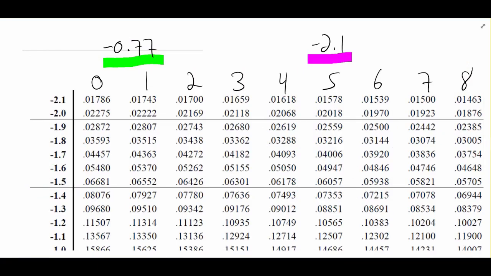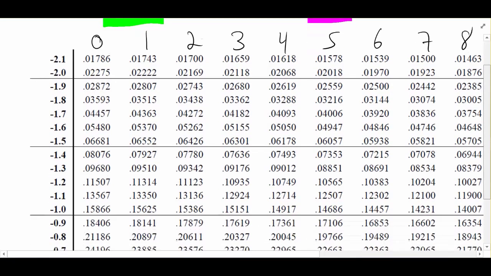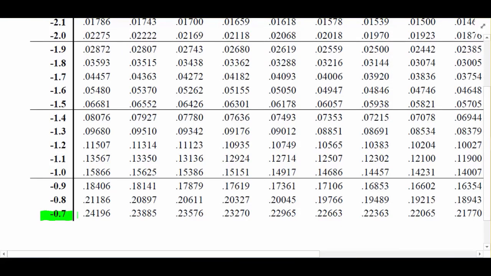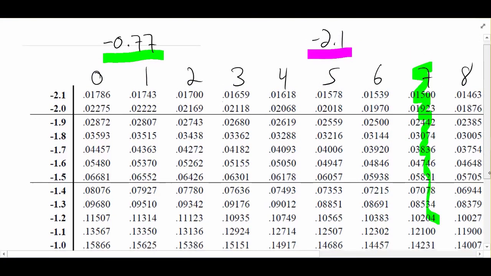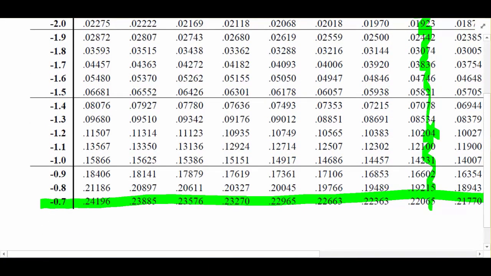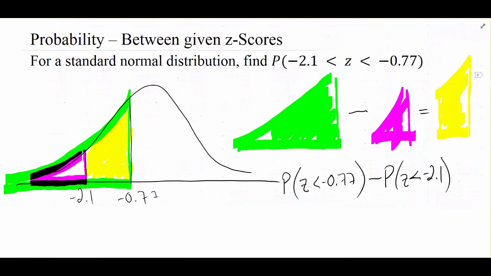So now let's go ahead and go to our table and let's find those values. So for the negative 0.77, we're going to find the negative 0.7 and 0.07. And we can see that they meet at 0.22065. So 0.22605.